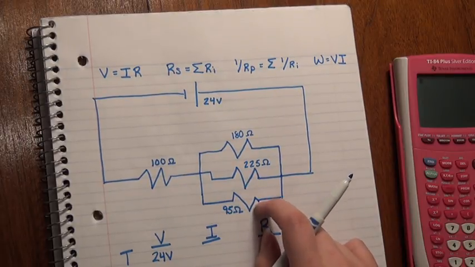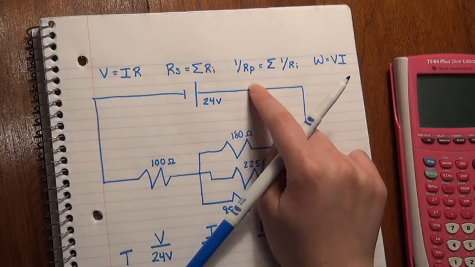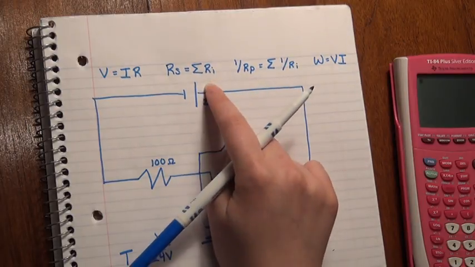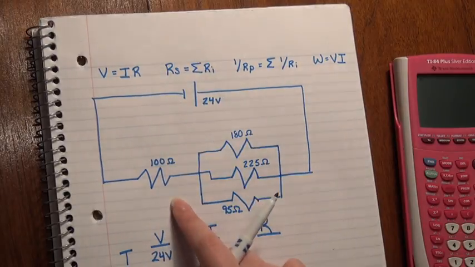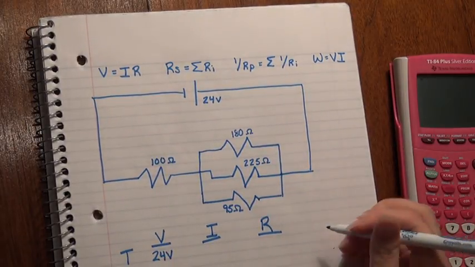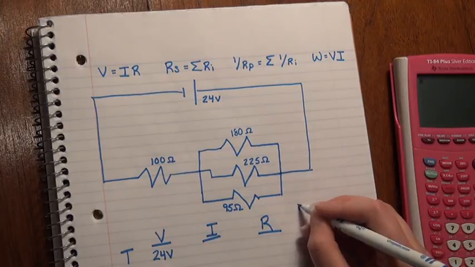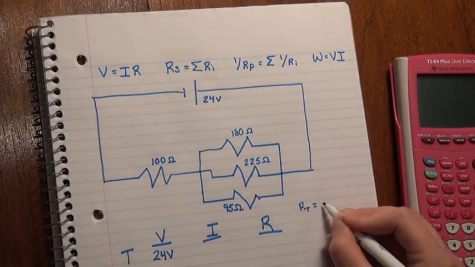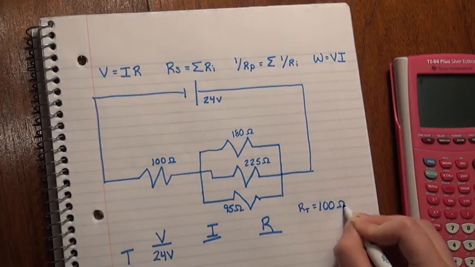Now parallel is a little bit different in that we have to use the reciprocal equation, which we've learned, as opposed to just adding up the individual resistors in the series like we can for the first resistor here.